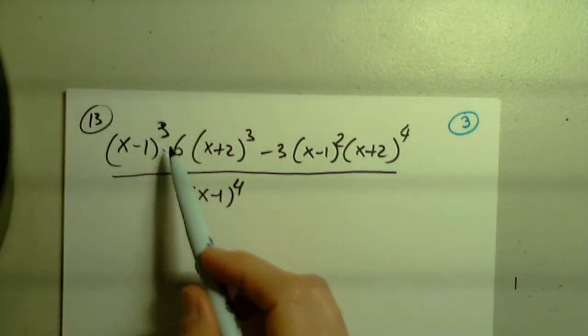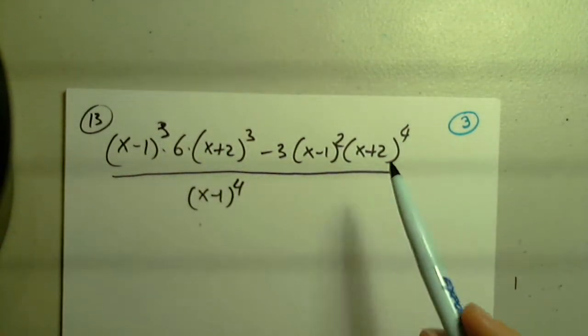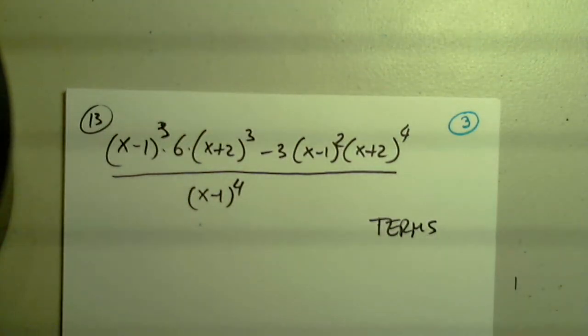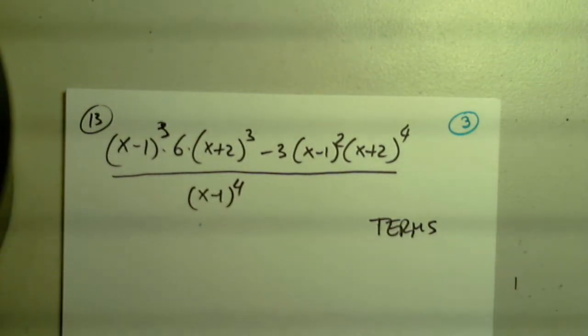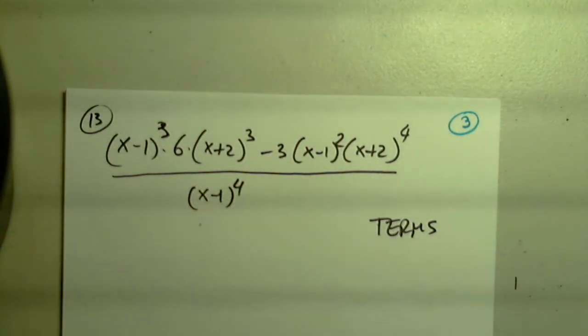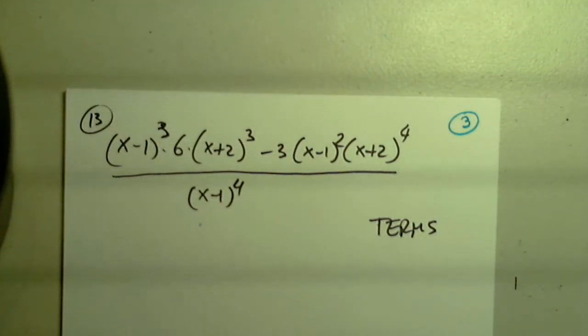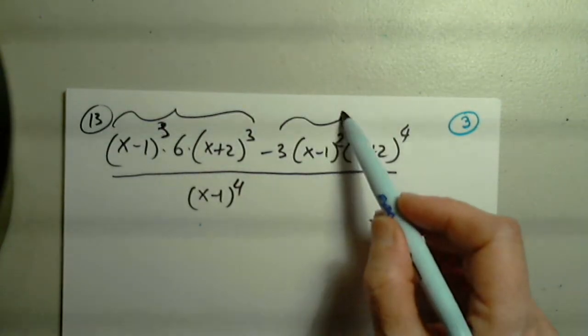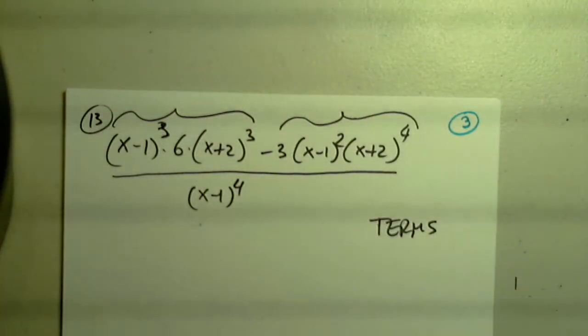So first of all, let's identify how many terms we have at the top. Can anyone identify for us how many terms we see here? Looks like just 2. Excellent. Brilliant. Aaron, thank you. This is the first term. And this is the second term.